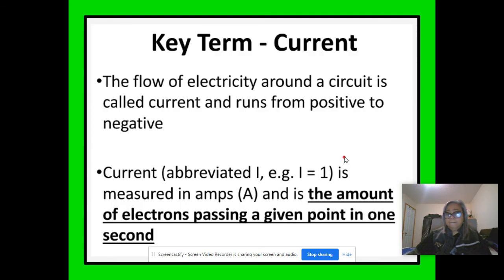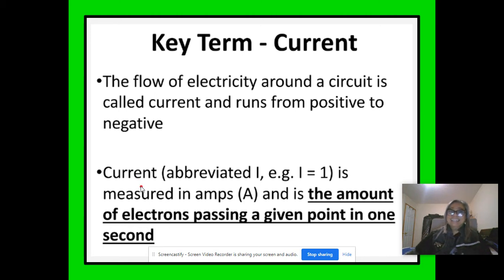Now, let us mention again some of the terms that we will be using, the word current. The flow of electricity around the circuit is called current and runs from positive to negative. We will have some problem solving later on.